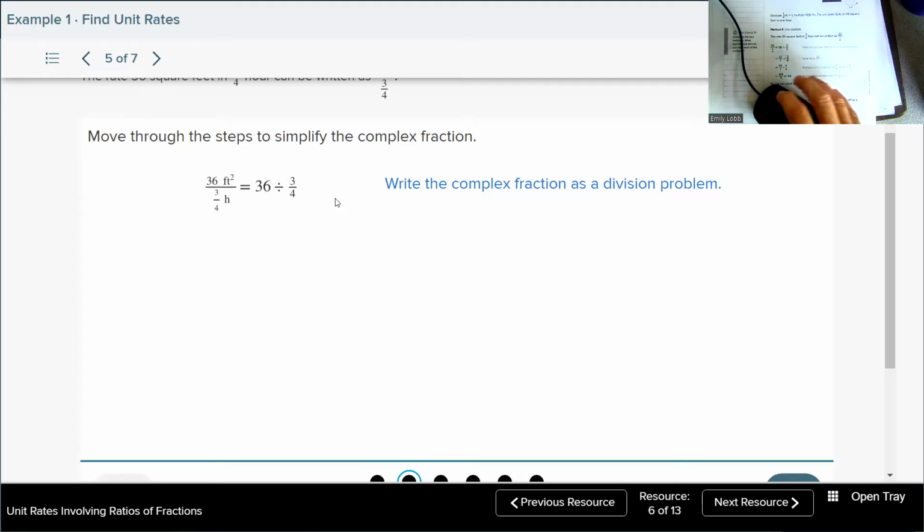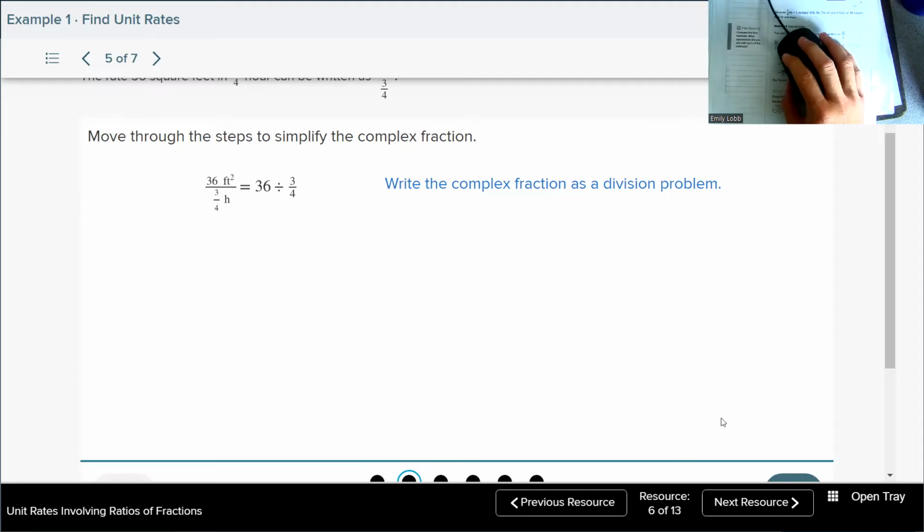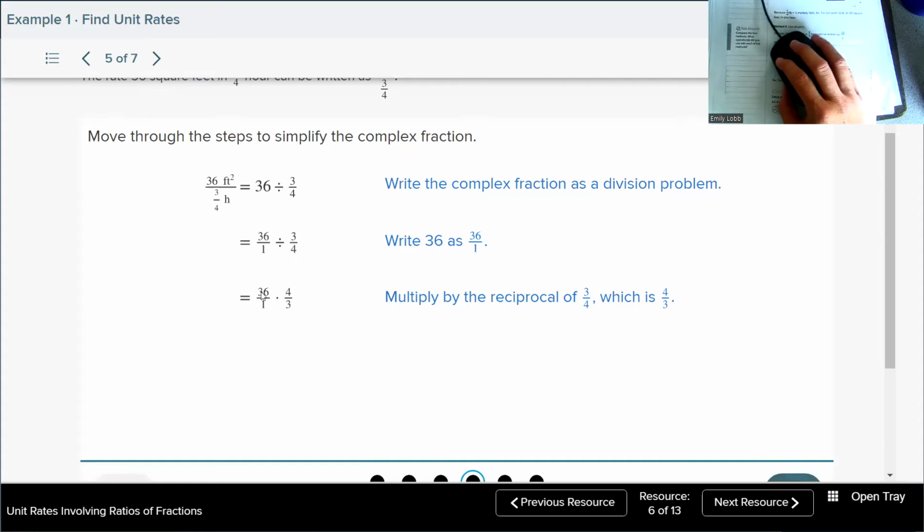All right. So we're going to then rewrite it as a multiplication problem, right? We write 36 over 1 as our fraction divided by 3/4. And we're going to keep the first, change to multiplication, and flip the second. And then we're going to multiply by the reciprocal, which is 4/3.